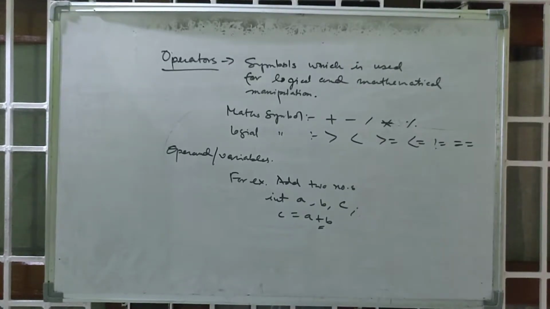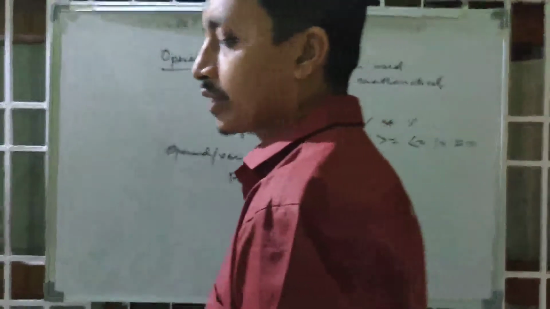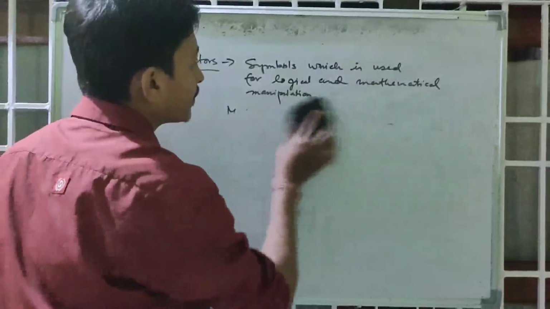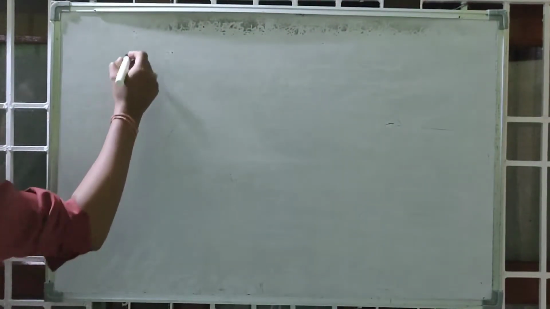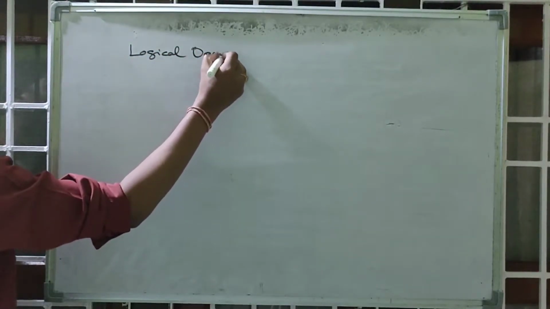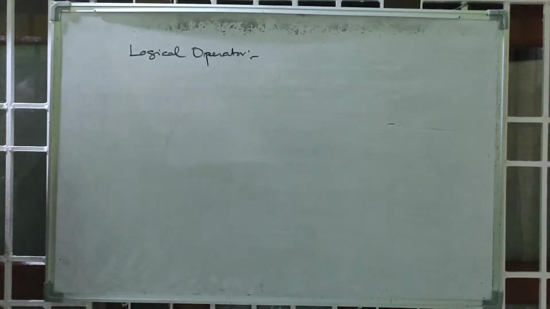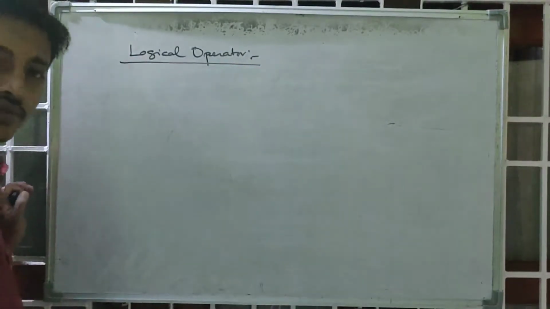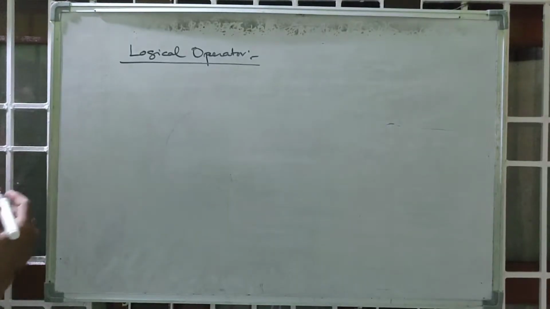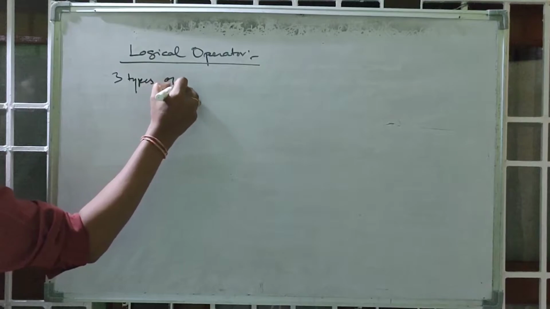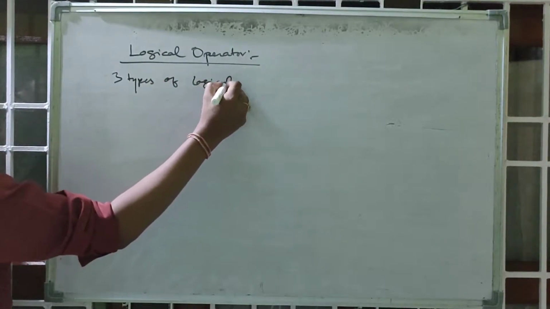Now today we will discuss a very important operator called the logical operator. So logical operator means what? Logical, not physical, logical. Okay. Now there are three types of logical operators.